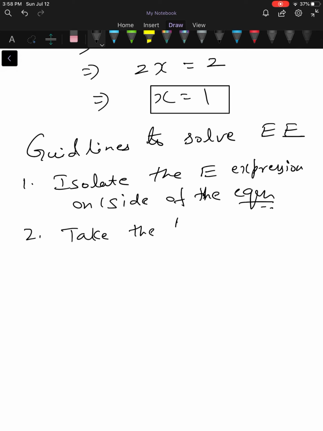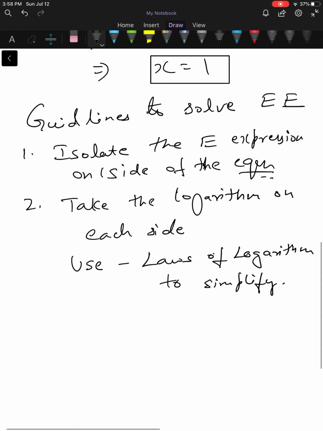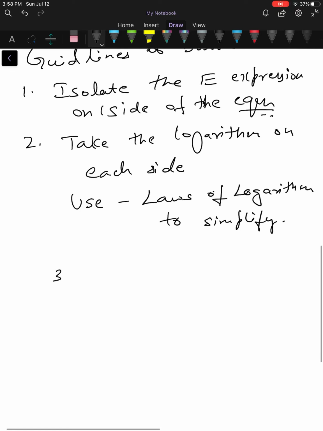Second, take the logarithm on each side. Then use the laws of logarithm to bring down the exponent, and simplify.